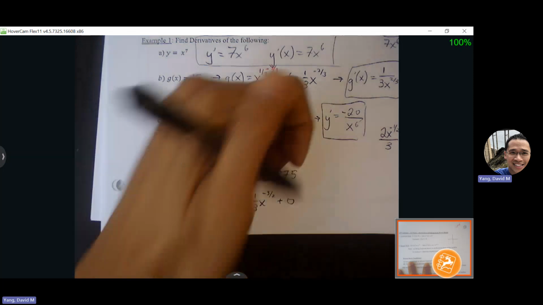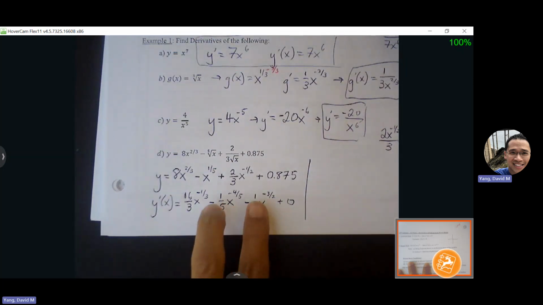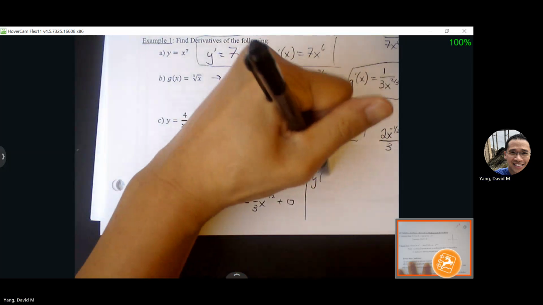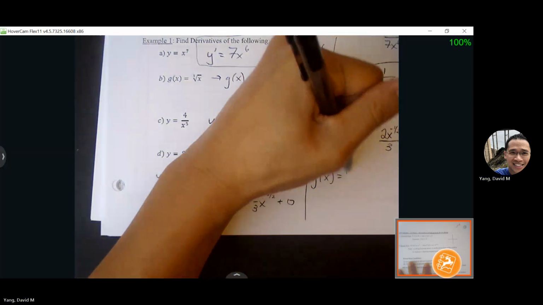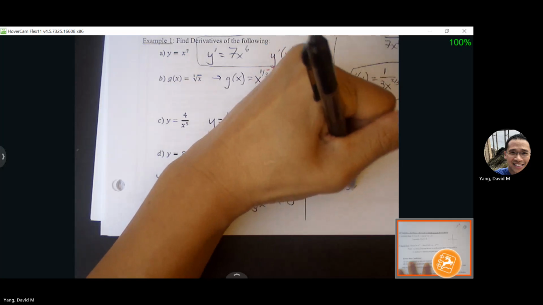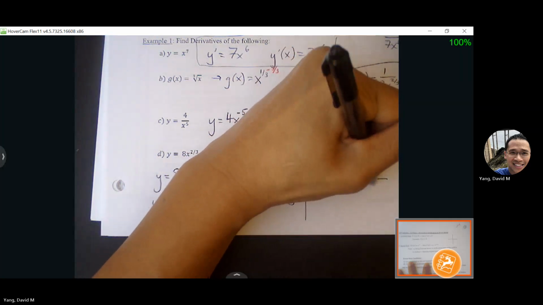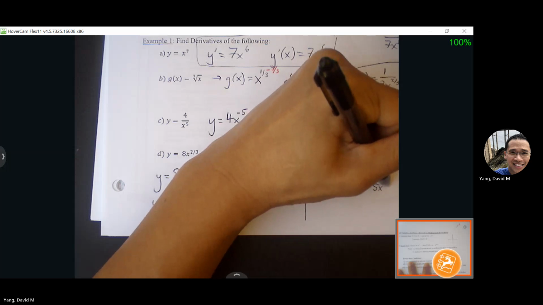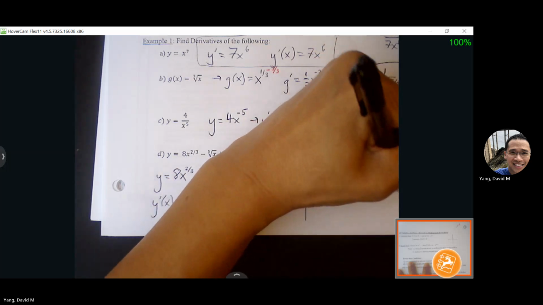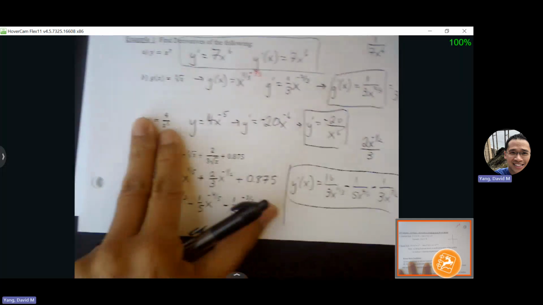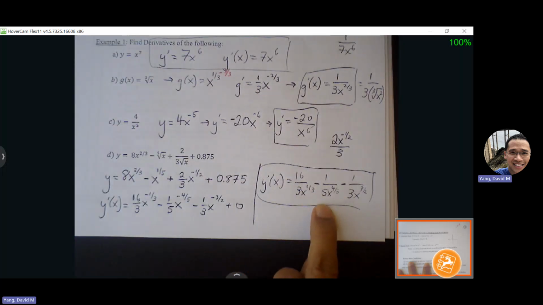And now I'm going to clean up my derivative. So any negative exponents, I'm going to push down to the denominator. So this looks more complicated, but it's doing the same thing as other derivatives.